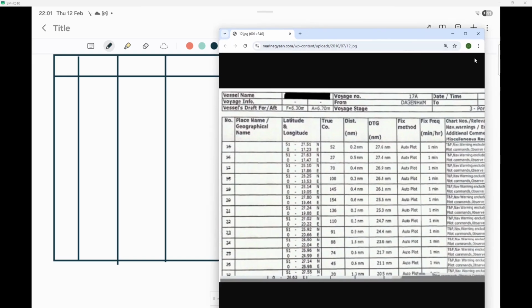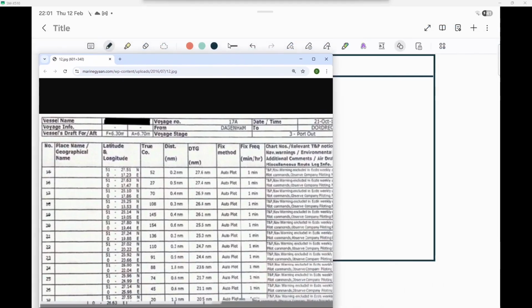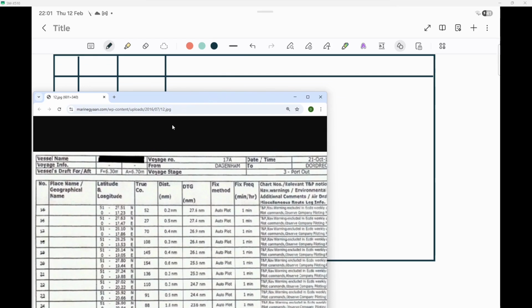It depends on your company, right? The company will give you in your ISM manuals the coast guard format and what are the numbers that you have to enter and so on. Everything will be there in your ISM manuals once you go on board. That is something to do with the company, so in your SMS it will be there, right?